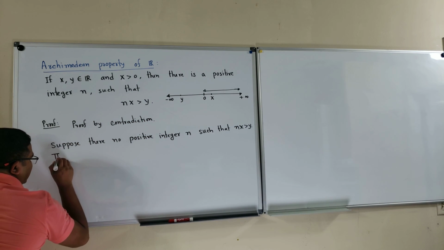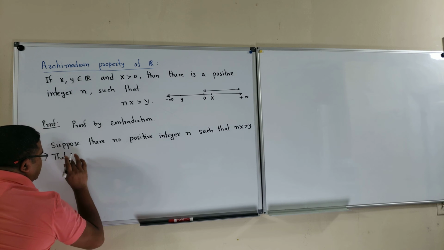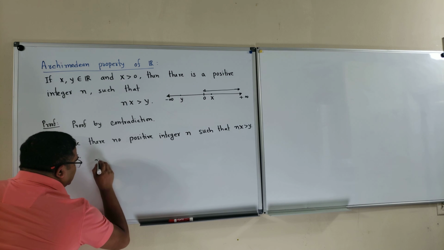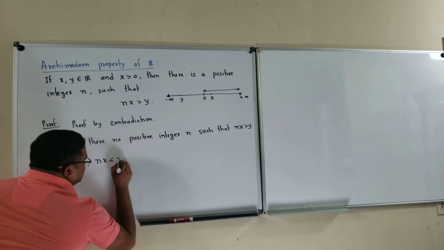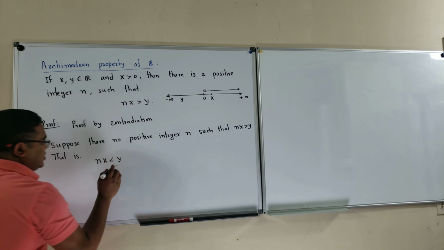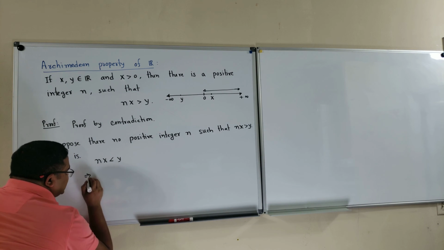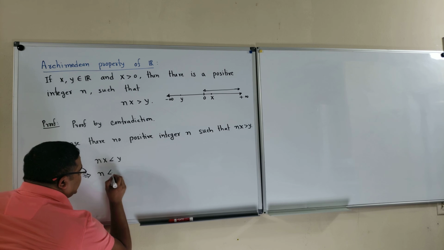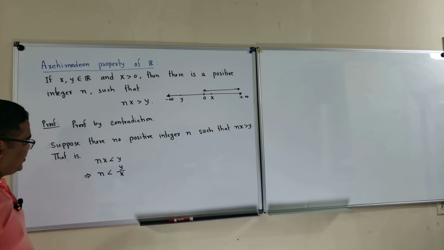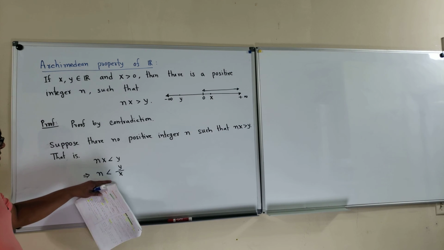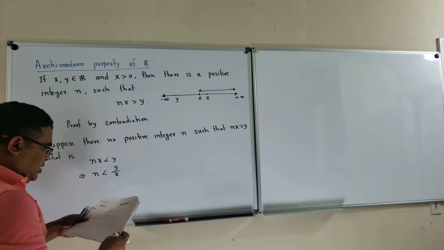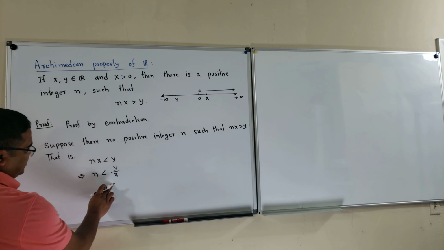So if this is not true, then this should be true. That means nx is less than y. So, if nx is less than y, then n is less than y over x. So, what does this mean?